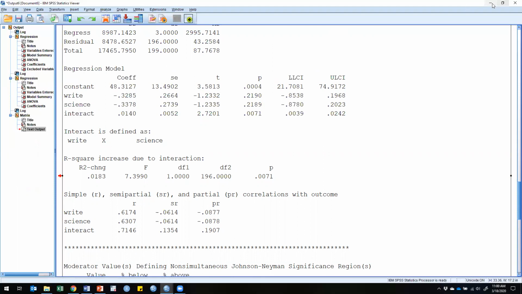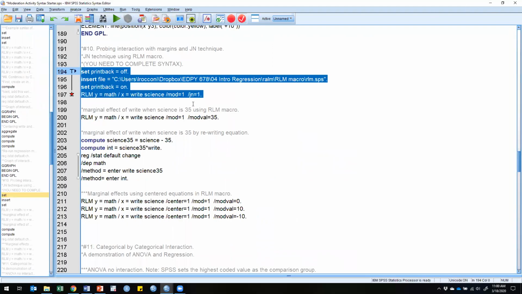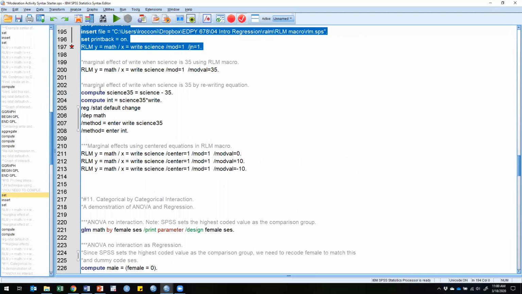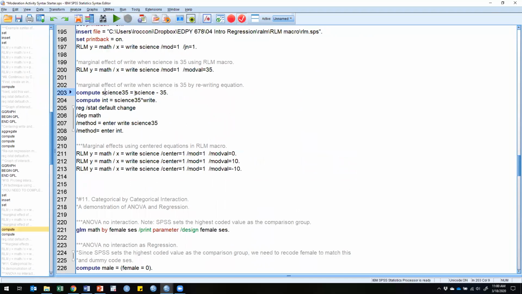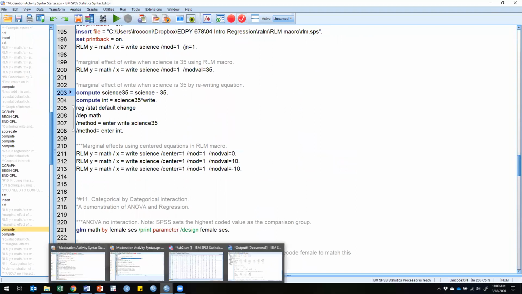You can see here when science scores are 0, it's not statistically significant. And then I try to demonstrate something similar here. If you were going to calculate these by hand, we could basically just center science at one of these values.